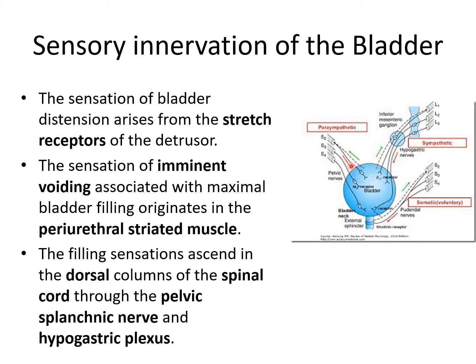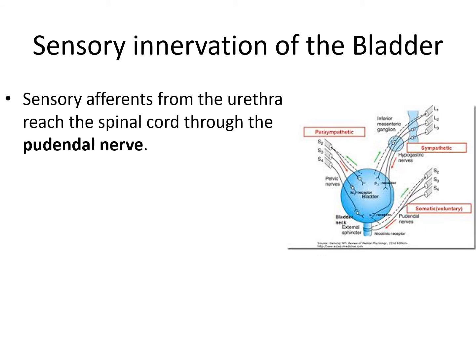Along with the parasympathetic and sympathetic fibers, they pass by the pelvic splanchnic nerve and the hypogastric nerve from the bladder wall. From the periurethral area, sensory afferents from the urethra reach the spinal cord by the pudendal nerve. So sensation passes by the pelvic splanchnic nerve, the hypogastric nerve, as well as the somatic pudendal nerve.